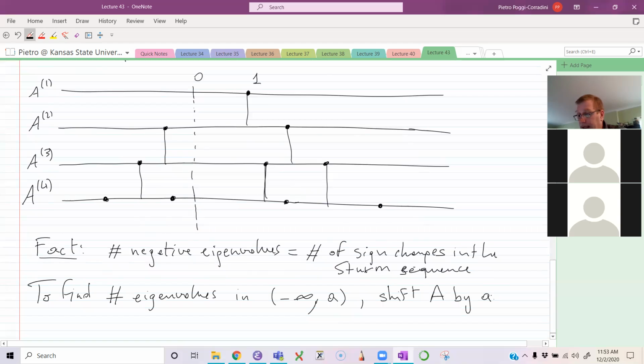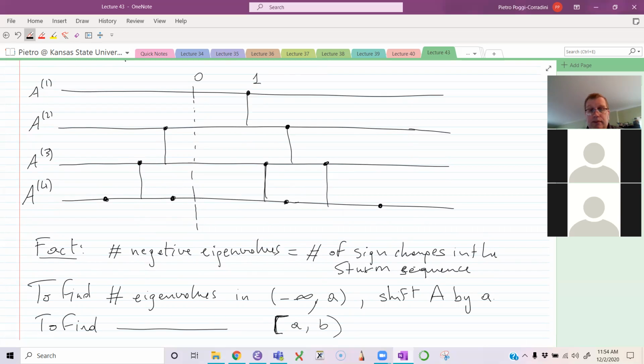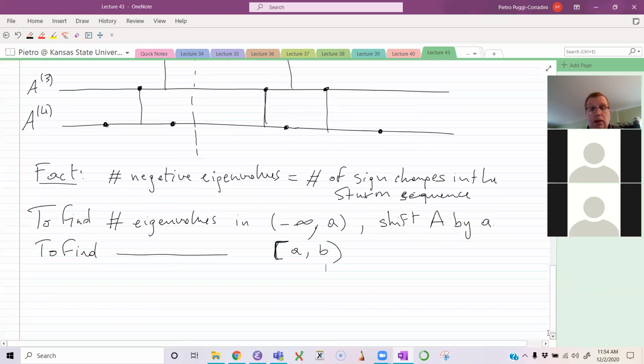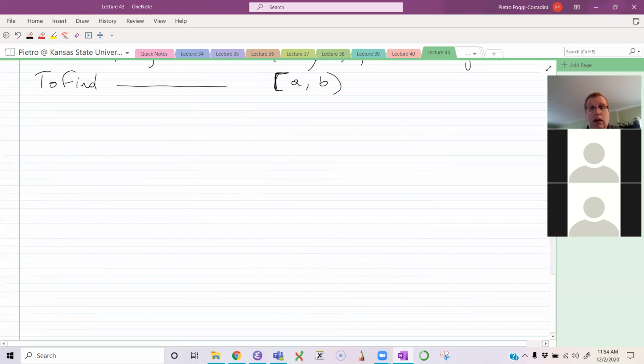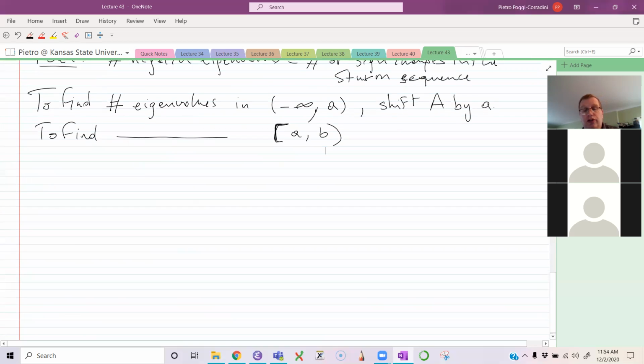And then let's say you want to find the eigenvalues in some half open interval (a, b]. Basically you do two shifts. You do the number in minus infinity to b minus the number in minus infinity to a.